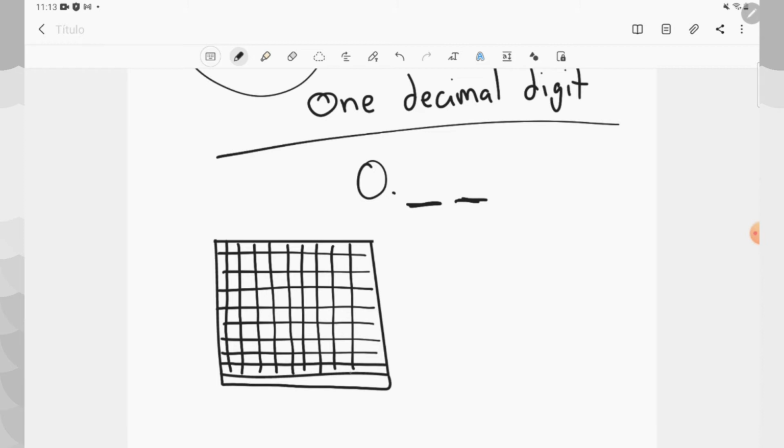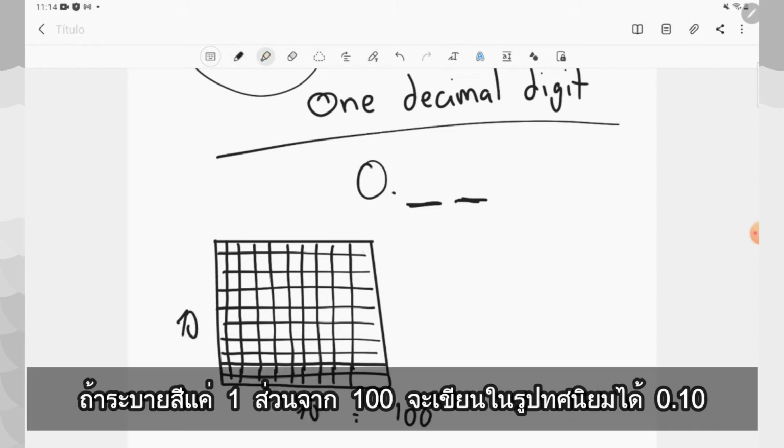I'm not good at drawing, I'm sorry. So here we have 10 parts and 10 parts. 10 multiplied by 10, we have 100 parts.